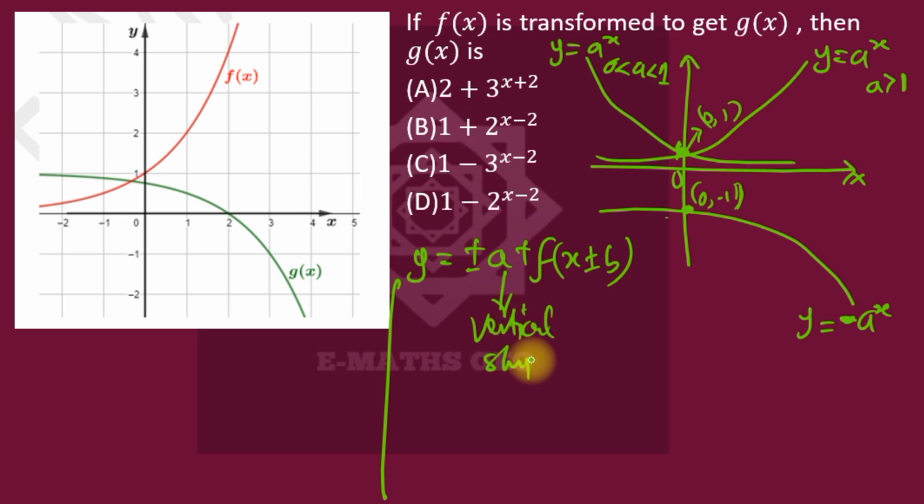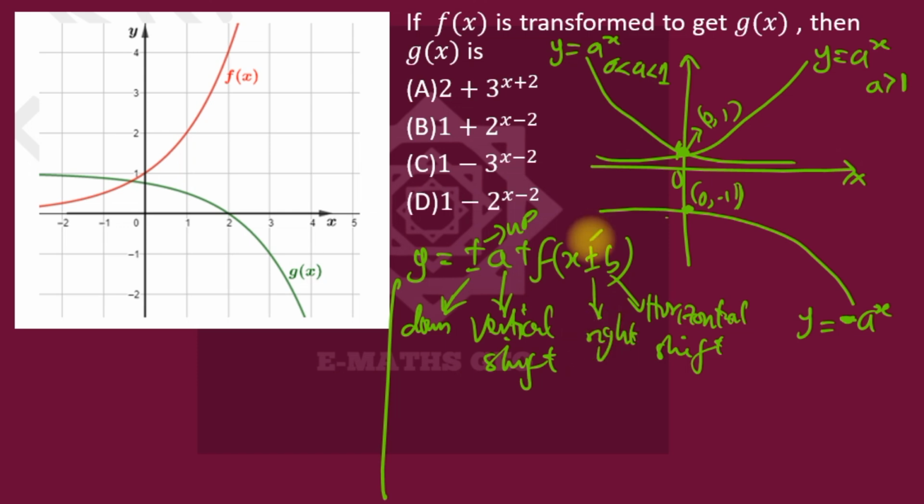So positive is up, negative is down. Here b is the horizontal shift. So negative is right, positive is left.